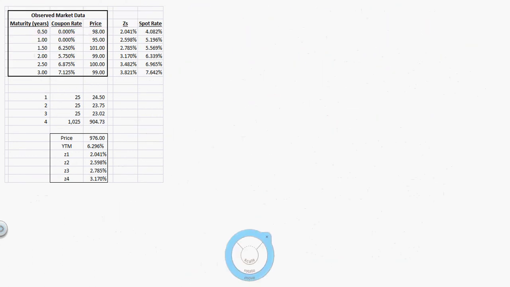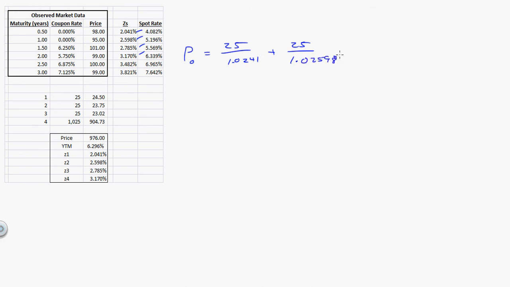I'm starting to run out of room here. Let me put this back up. So I know the price is going to be equal to 25 over 1.02041 plus 25 over 1.02598 squared plus 25 over 1.02785 cubed, getting them from right here.